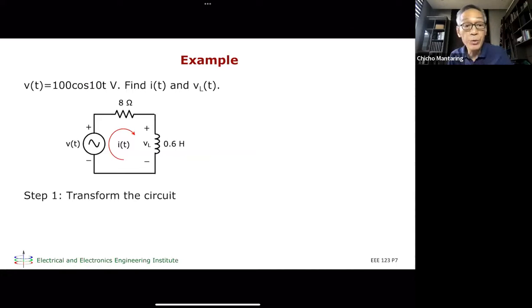So the first step is to transform the network. How do I transform my network? My V's of t, which is equal to 100 cosine 10t, I will transform into a phasor. Joseph, can you tell me what the phasor equivalent is of V's of t? We're using the modified transformation. Ano yung phasor equivalent ng V's of t?